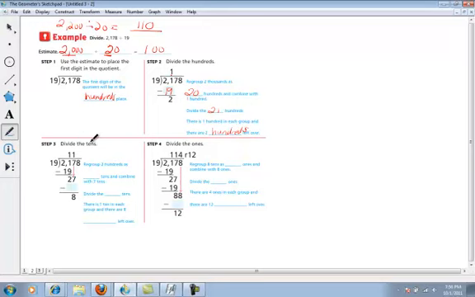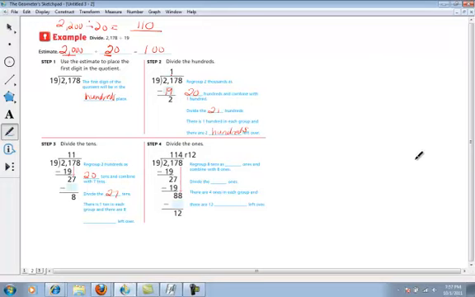So the next thing that we're going to do is divide the tens. Remember those 200s that we had left over that we couldn't divide in evenly? Well, we're going to regroup those 200s as 20 tens and combine it with the 7 tens that we already have in our number. Now we're going to divide those 27 tens and put those 27 tens in those 19 groups. Can you imagine those 19 groups again?